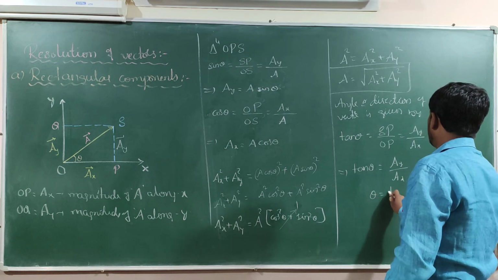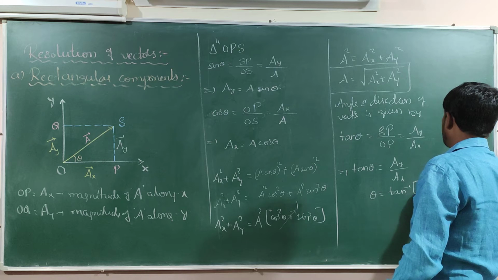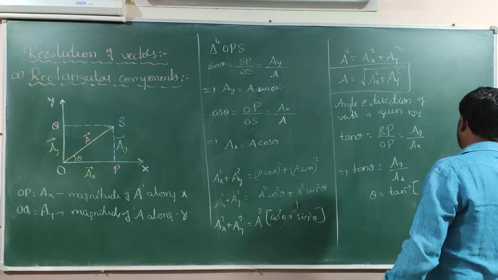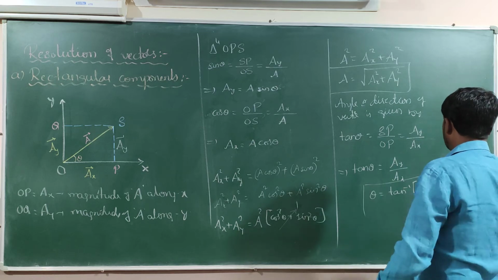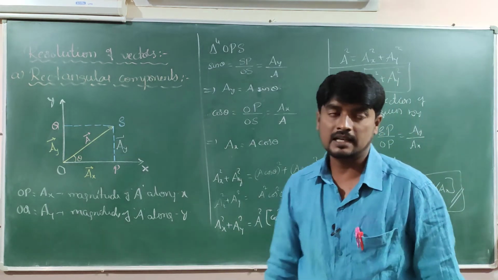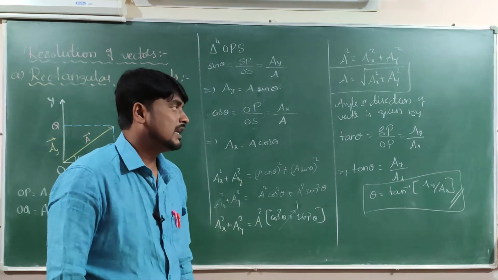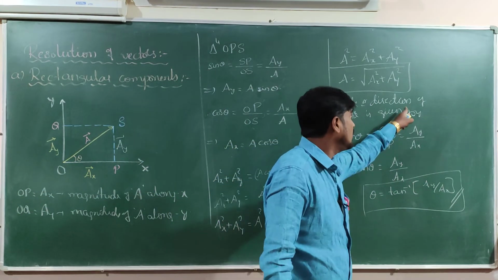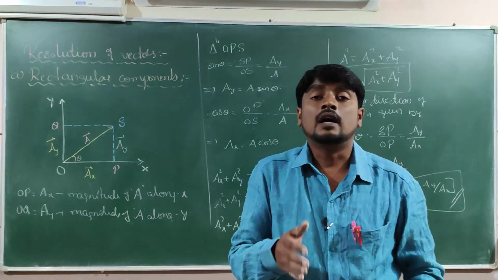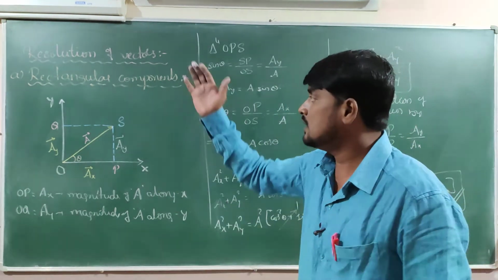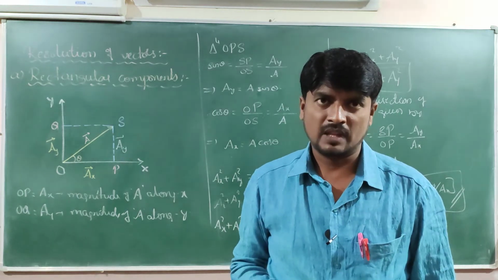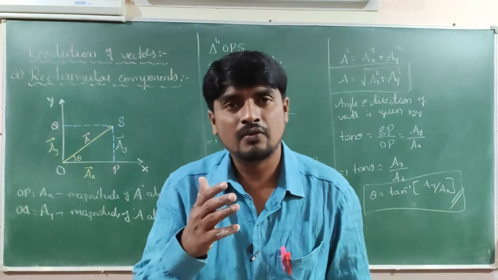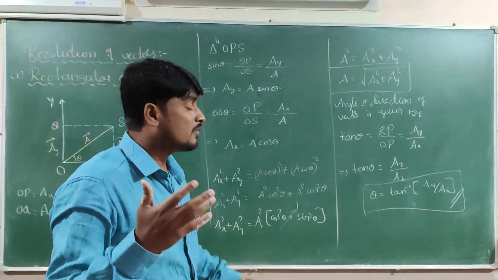Theta is equal to tan inverse of AY by AX. It is also possible to calculate the direction of the vector, at what angle the vector is lying in the XY plane.